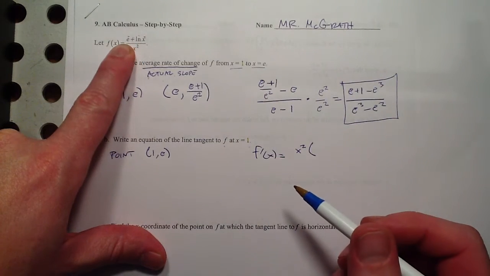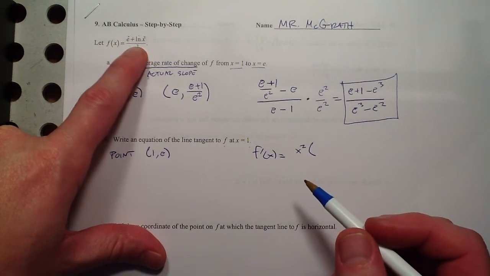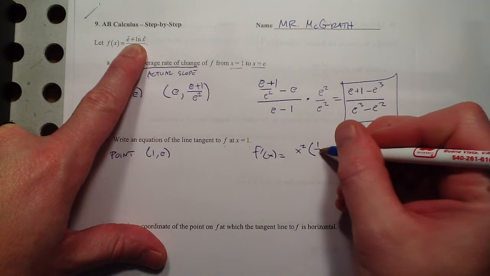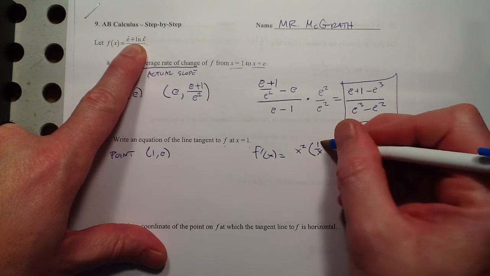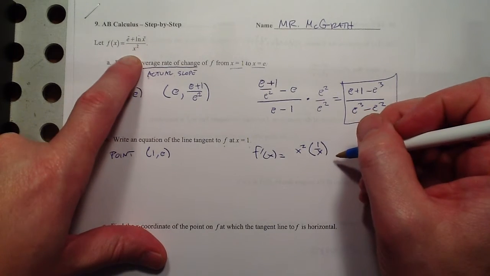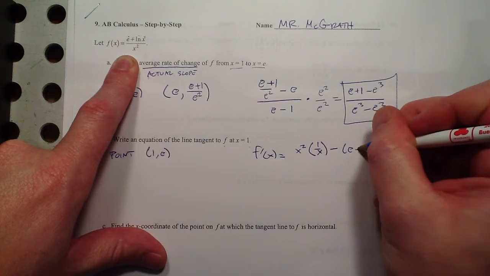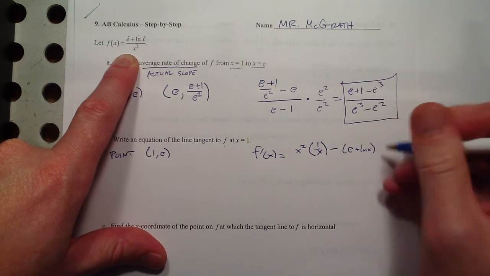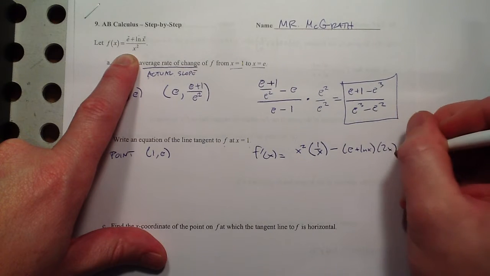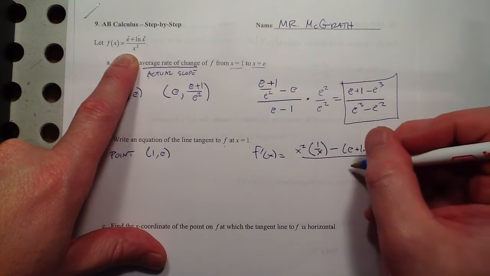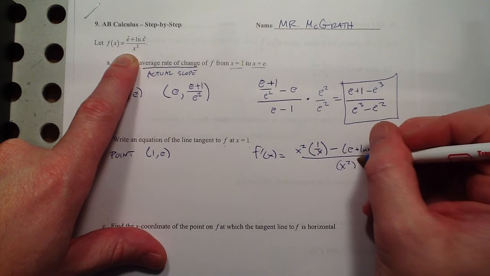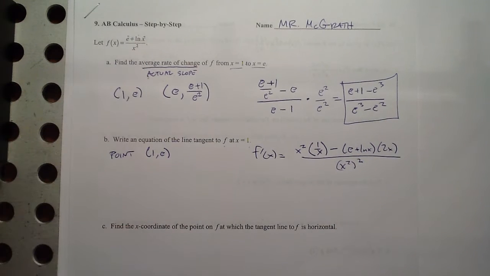Remember, e is just a number, so the derivative of e is 0, times the derivative of natural log x, which is 1 over x. That's low d high, minus high d low, over low low. And you can go ahead and simplify that if you want to.